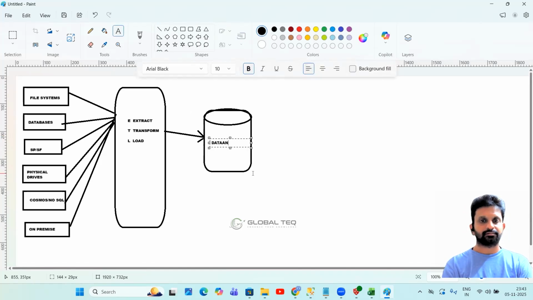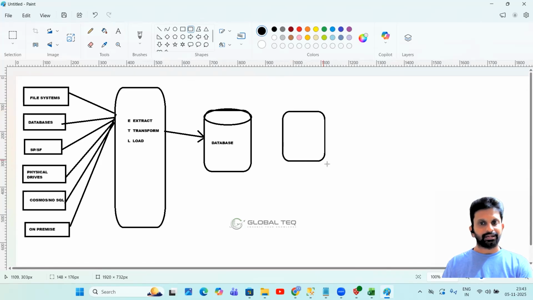This is your database. On top of the database, we are going to build a data warehouse.